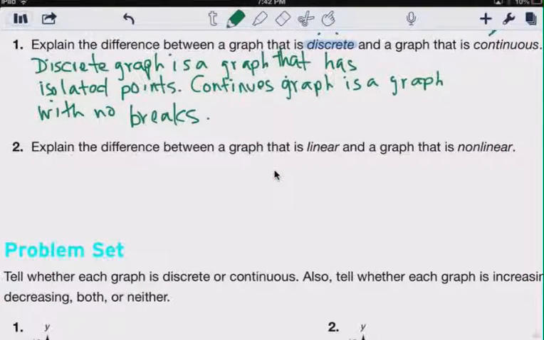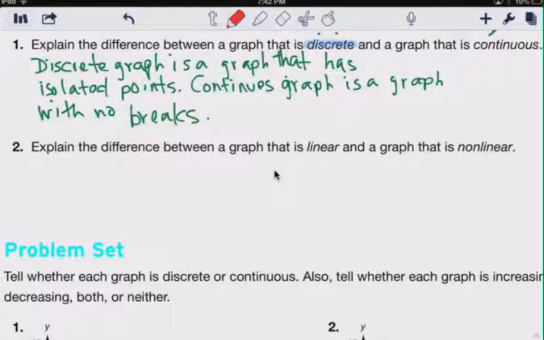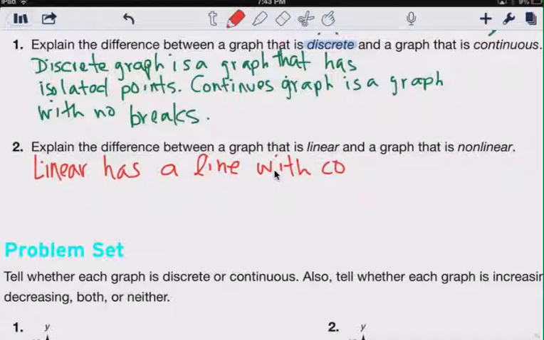Explain the difference between a graph that is linear and a graph that is non-linear. Okay. Well, a linear graph has a line with collinear points.